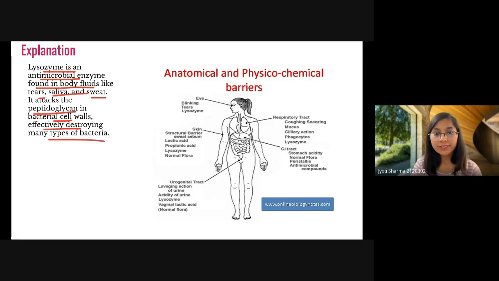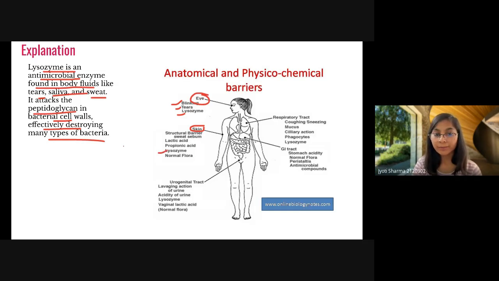If you can see here, in the eye we have tears and we blink, and we have lysozyme in the tears that helps us against bacterial infection. If we are talking about the skin, we already talked that skin has the epidermis, which means dead cells. That dead layer protects us from any kind of infection.